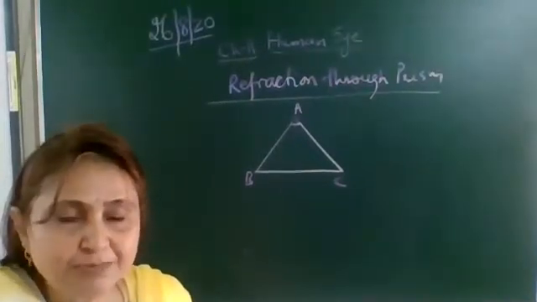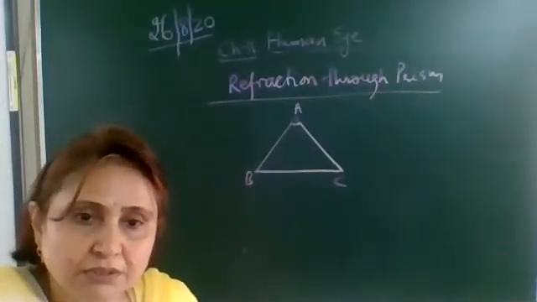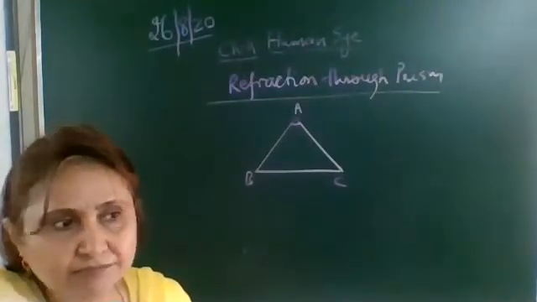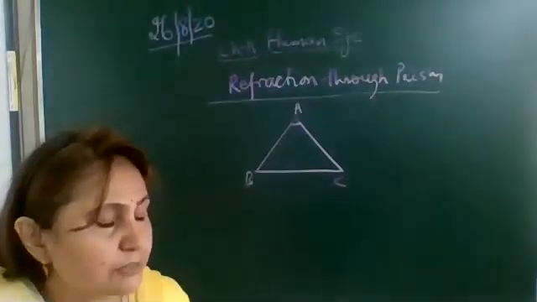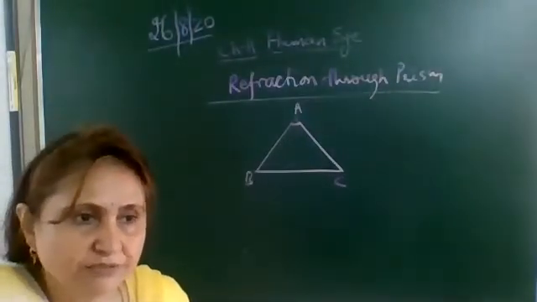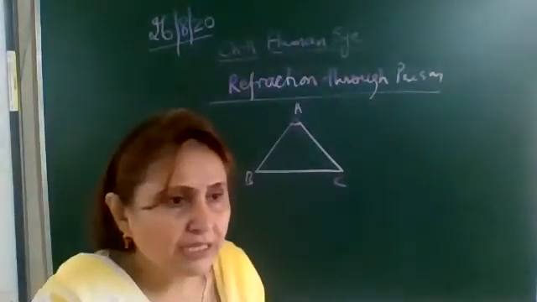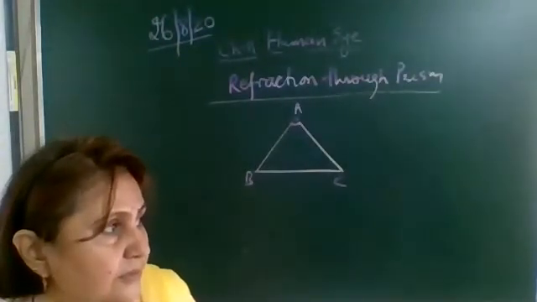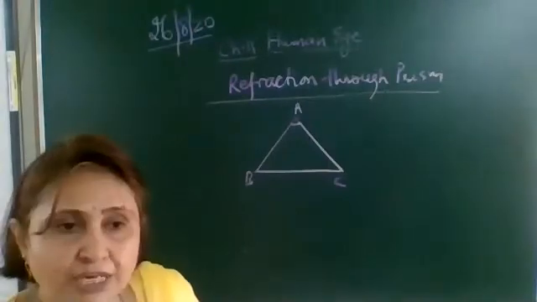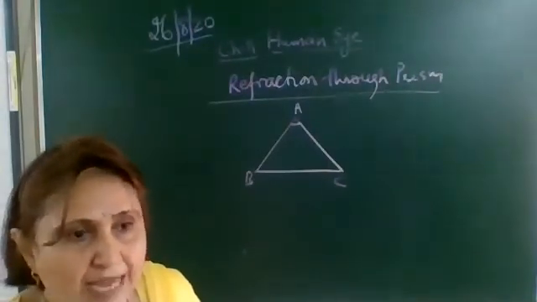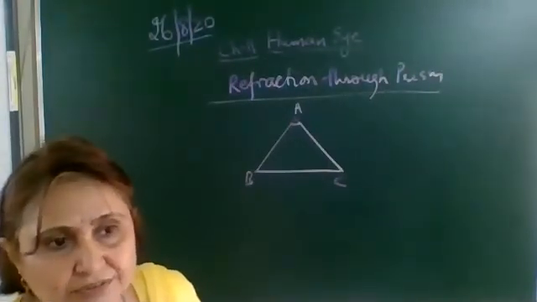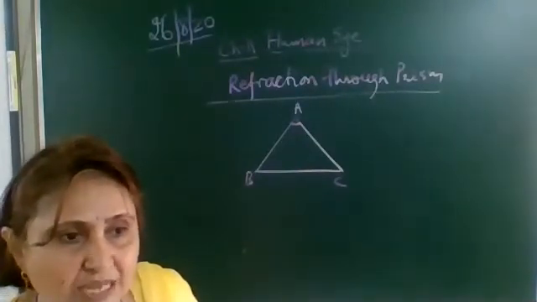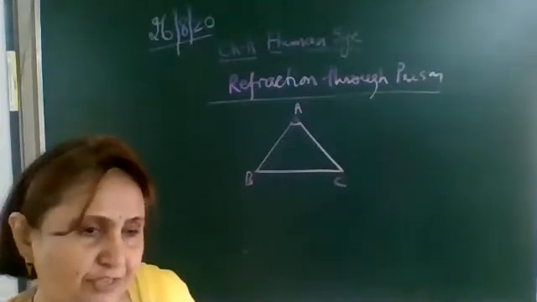Write down: a prism is made up of transparent material like glass, which has 3 rectangular surfaces and 2 triangular surfaces.